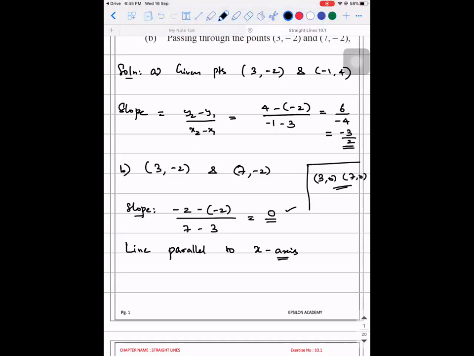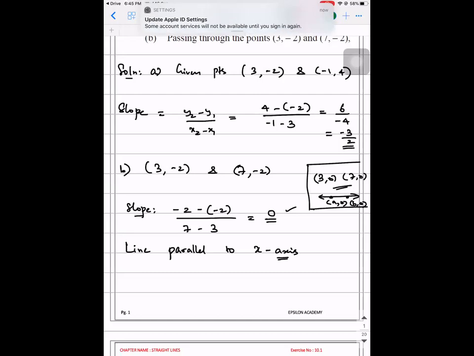But what is the y-coordinate? The y-coordinate is a non-zero value. That is why it is only a line which is parallel to the x-axis. Are you able to understand this? Because when you have the x-axis, how will you take the point on the x-axis? A comma 0, B comma 0, because any point on the x-axis will have 0 as the y-coordinate. Correct? Understood?